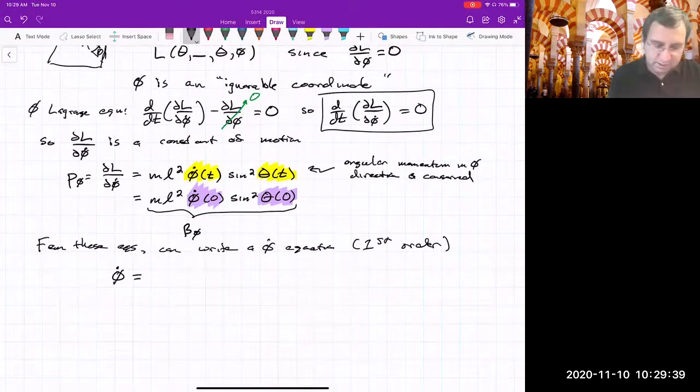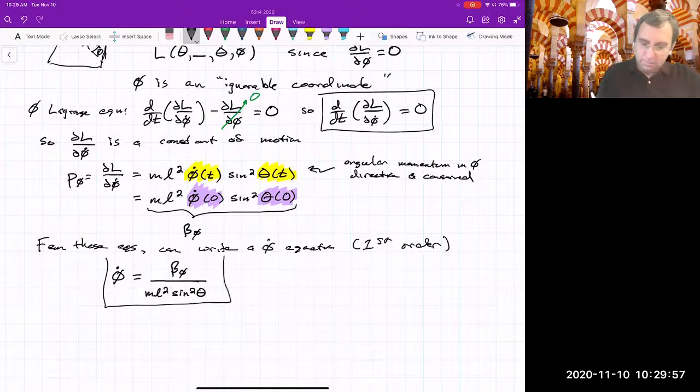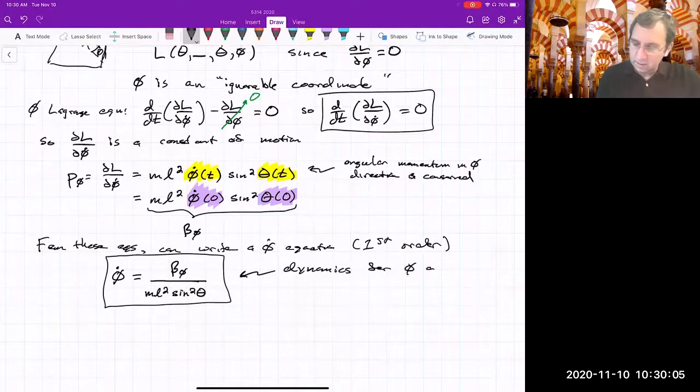So we have phi dot equals some constant that comes from initial conditions, beta sub phi, divided by m L squared sine squared theta. So what this means is that the dynamics for phi are just first order in time.